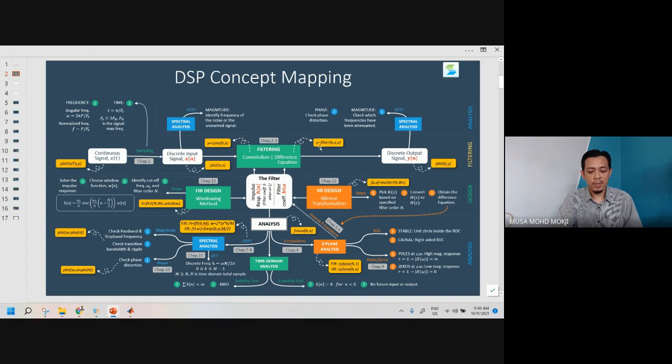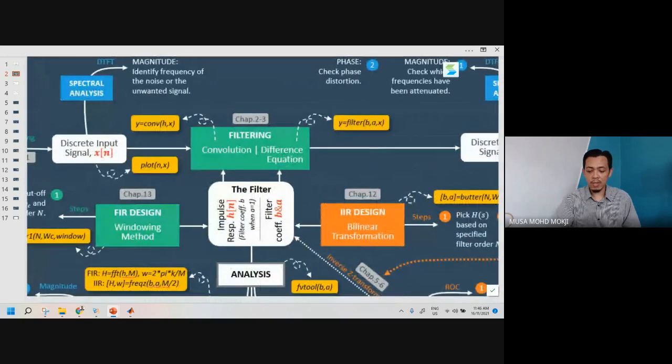Of course, you need to identify what is the B and what is the A. For FIR, it's quite straightforward. Filter coefficient B is equal to h(n), and A is equal to 1. For FIR, A is fixed, equal to 1, and your h(n) is equal to B.